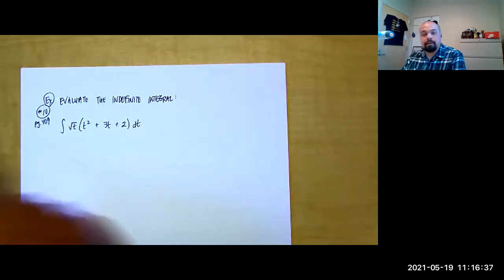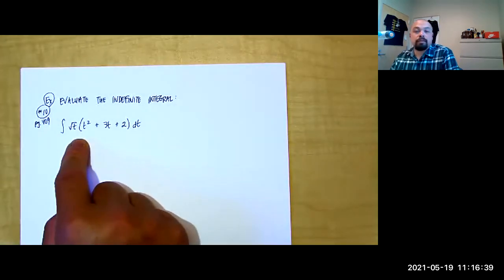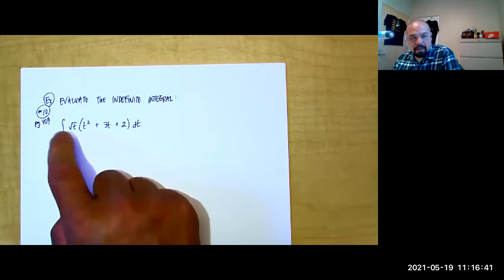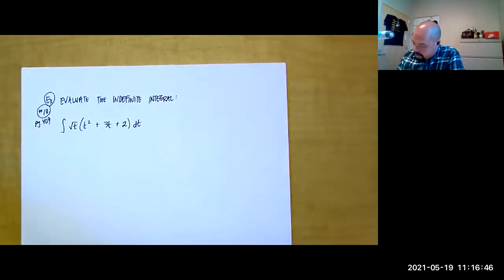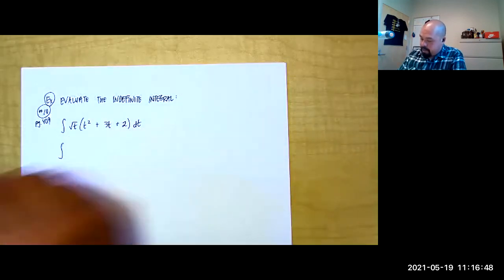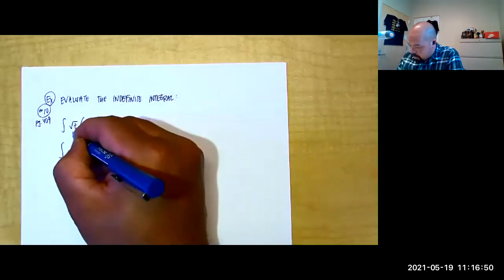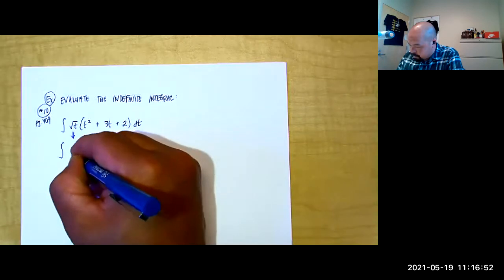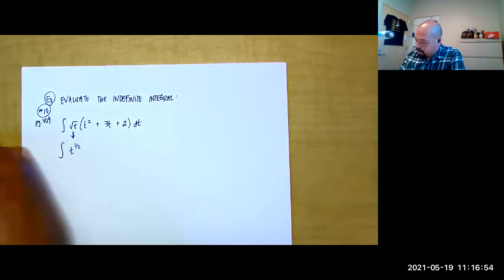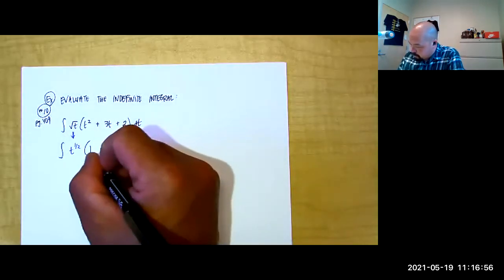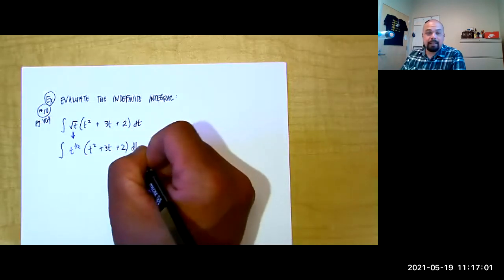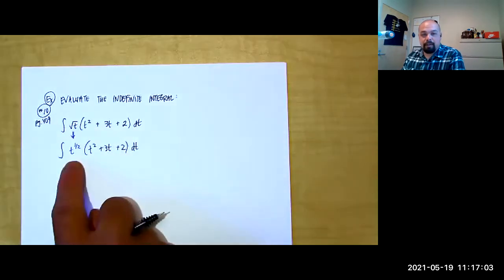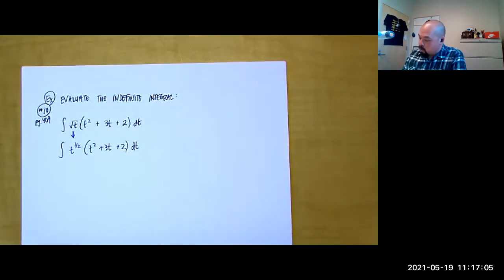And so one thing, when we look at those integration rules, we don't have a product rule yet. Okay? So similar to what we had done with our derivatives before, we write that square root as a rational exponent, t to the 1/2.